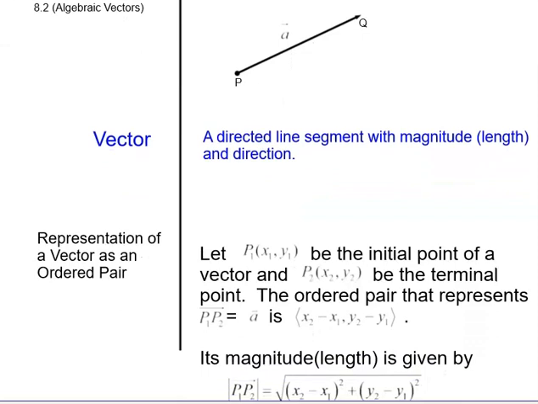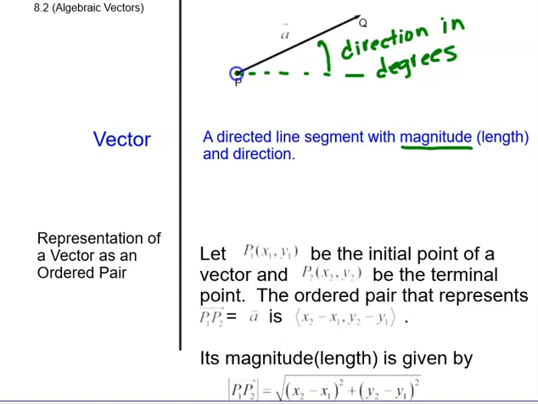All right, so if you remember before when we talked about vectors, when we did the hard stuff, right now this is going to be a little bit easier, which will be a nice break. It has a direction in degrees. It also has a magnitude, which is a length.